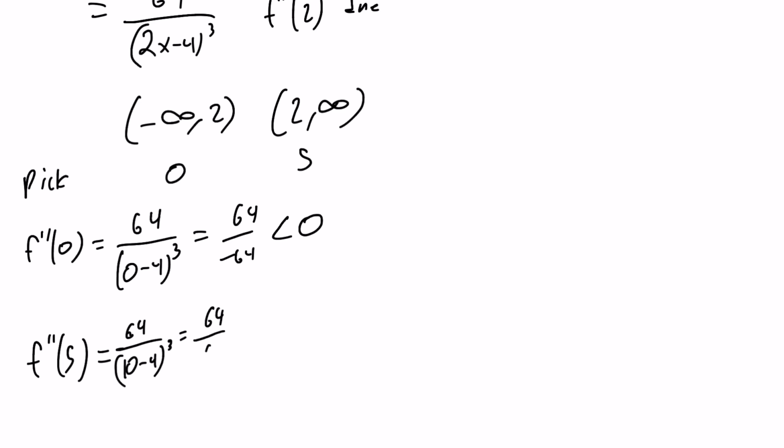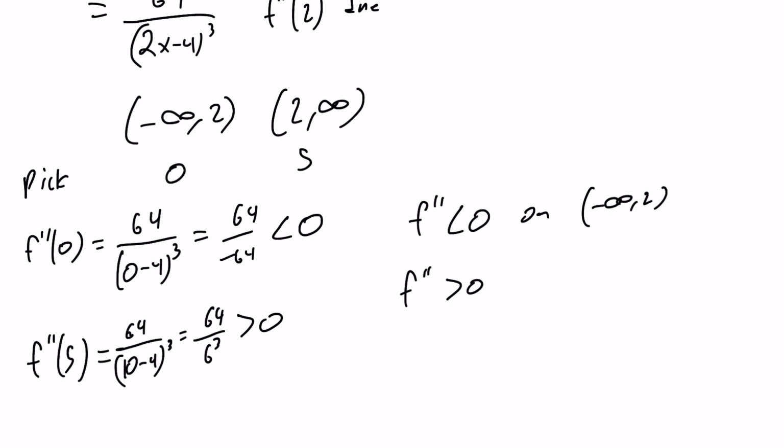So that's 64 over 6 cubed, which is positive because it's a positive number divided by a positive number. So the second derivative is less than 0 on the interval from minus infinity to 2. The second derivative is bigger than 0 on the interval from 2 to infinity.